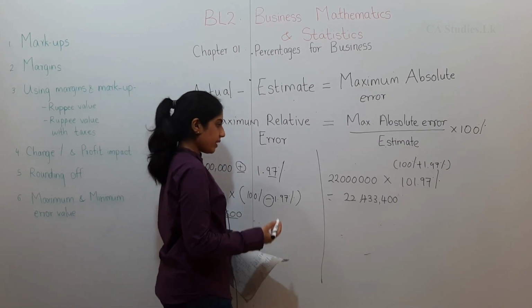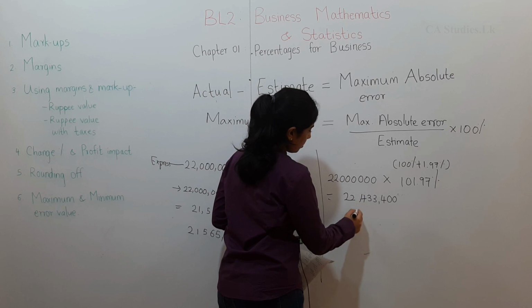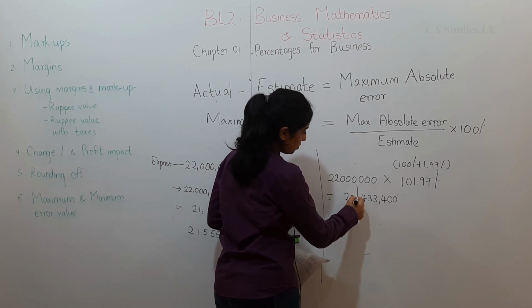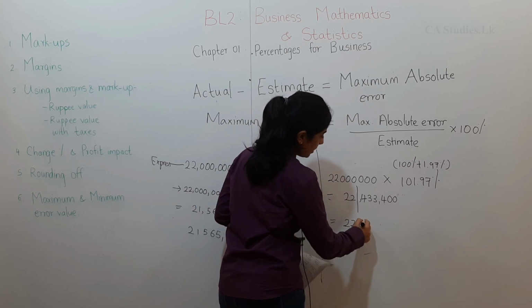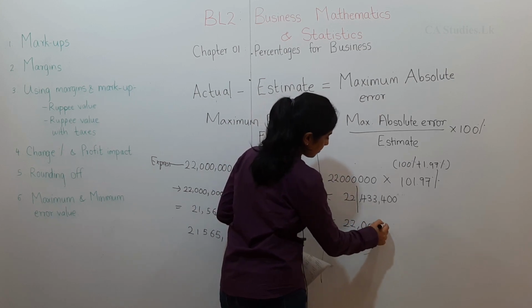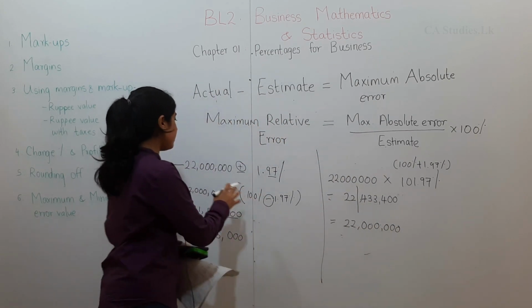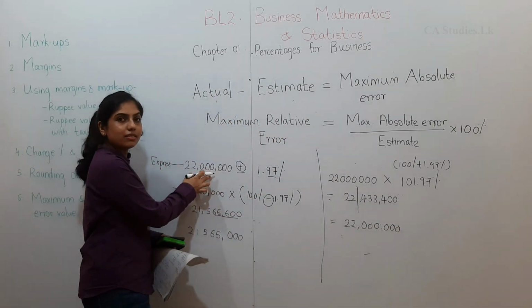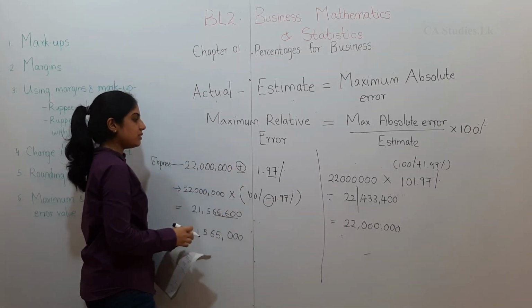So, anyway, at least if we round it to two significant figures, this will be 22 million. Am I right? So, at least it is stopping at the estimated figure. That is why they permit the plus or minus.